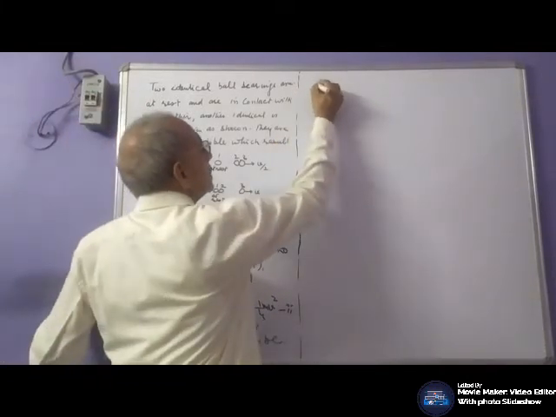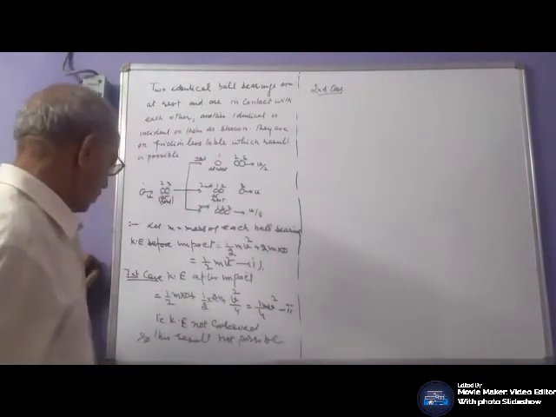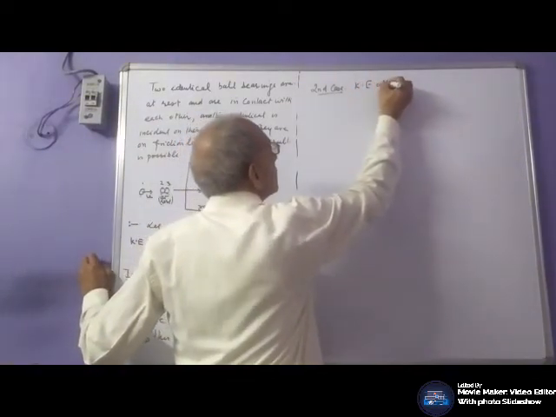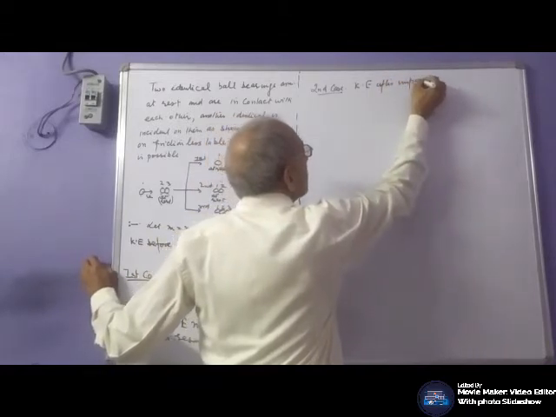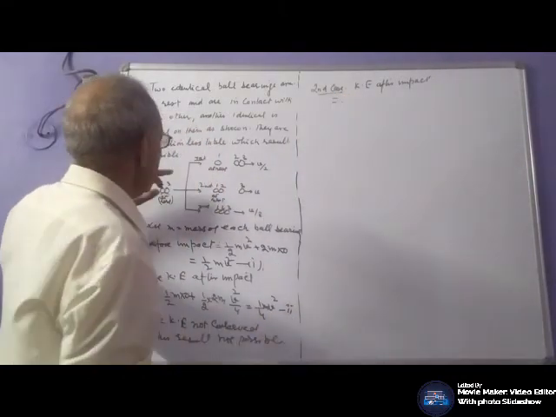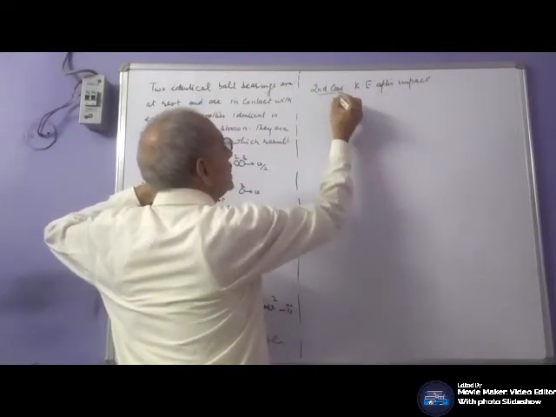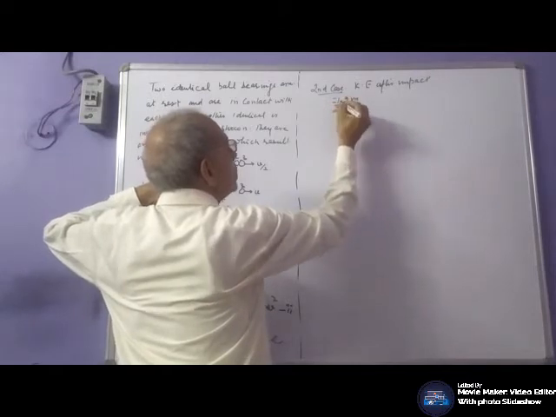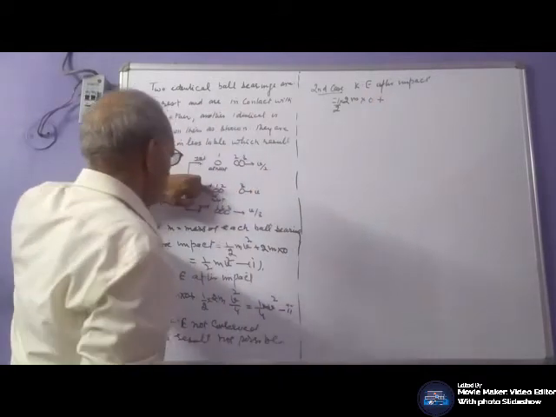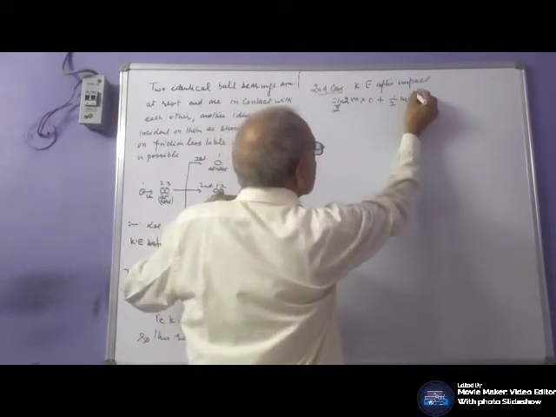Second case, kinetic energy after impact is equal to half into mass 2m, velocity 0, plus half m v square.